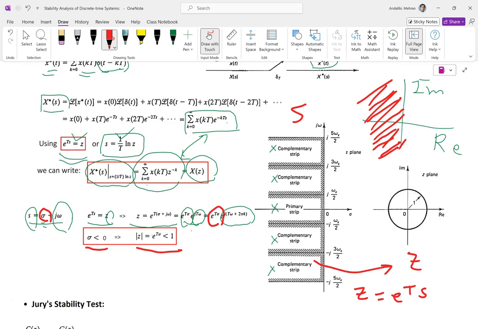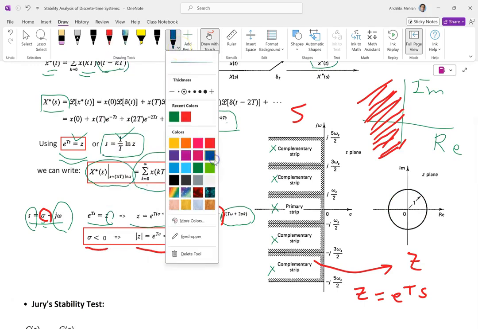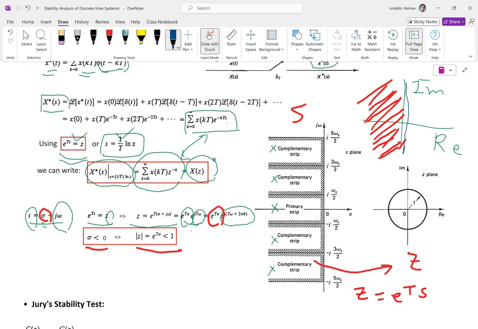And the imaginary axis itself, where sigma is 0, corresponds to e to the 0, which is 1. So the imaginary axis corresponds to the unit circle, and anything to the left of the imaginary axis corresponds to inside the unit circle.